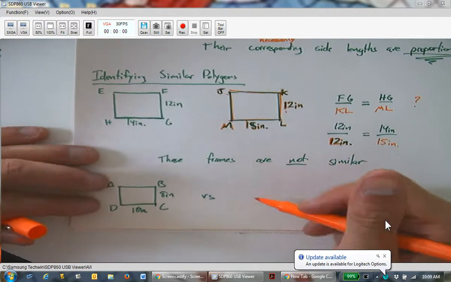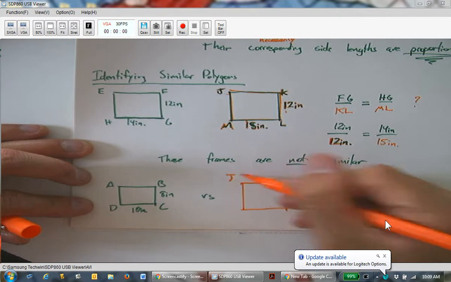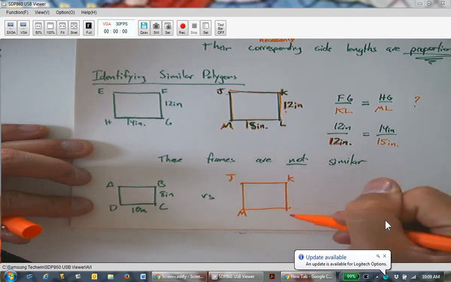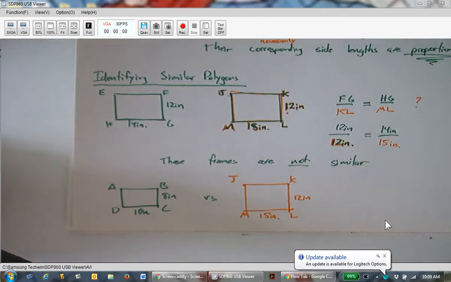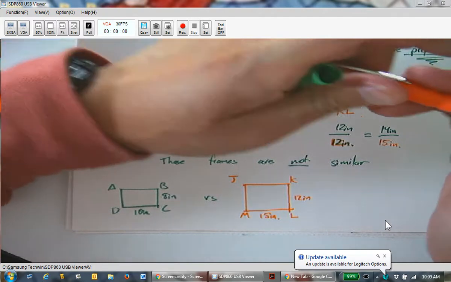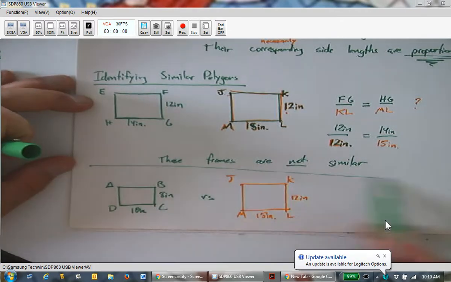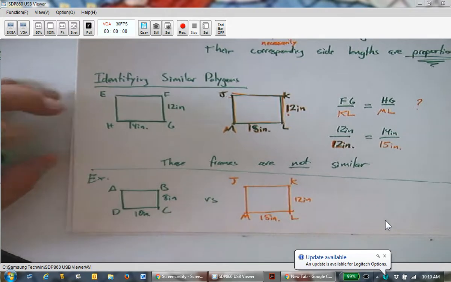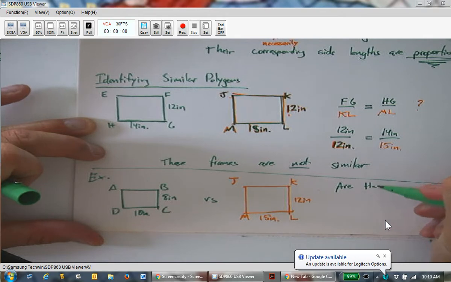Find a space on the whiteboard and show me, so I can assess from my chair, on a broad spectrum, if you guys are getting this or not. Quick assessment. Are they similar?